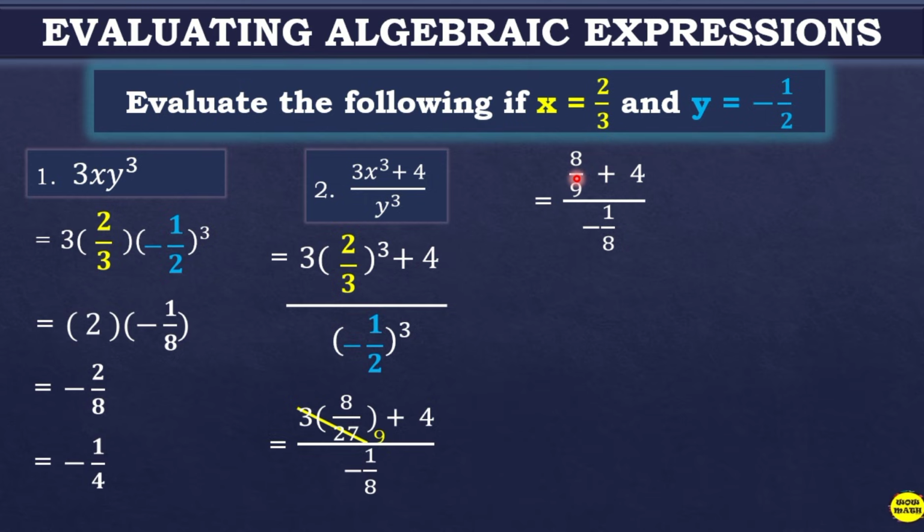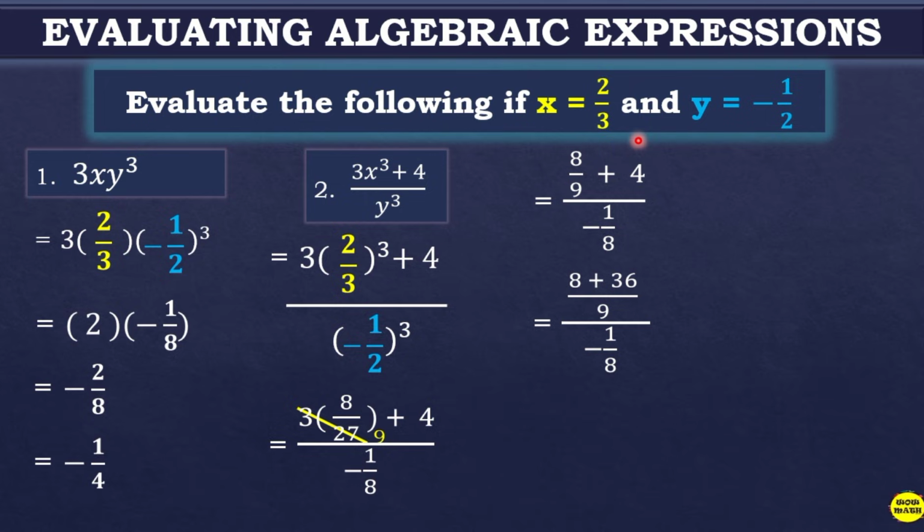Ni lowest term. Okay, so 8 over 9 plus 4 all over negative 1 over 8. Okay, so ito, kailangan ma-simplify mo muna itong nasa numerator. So, addition of fraction. So, pwede ka mag-butterfly method, diba? So, 8 times 1, diba? Ang denominator nito ay 1. 8 times 1, 8.